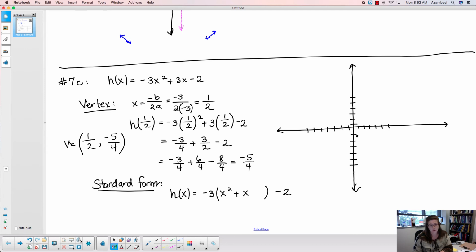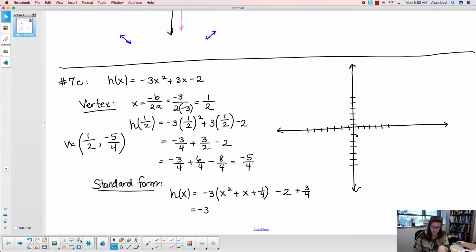The x is equal to 1, so I have 1/2 squared gives me plus 1/4. On the outside, what I have to do is I have to undo what I've added on the inside. Now I've really not added at all. I've really subtracted 3/4 because of the component on the front. So what I'm going to do is add 3/4 out here.